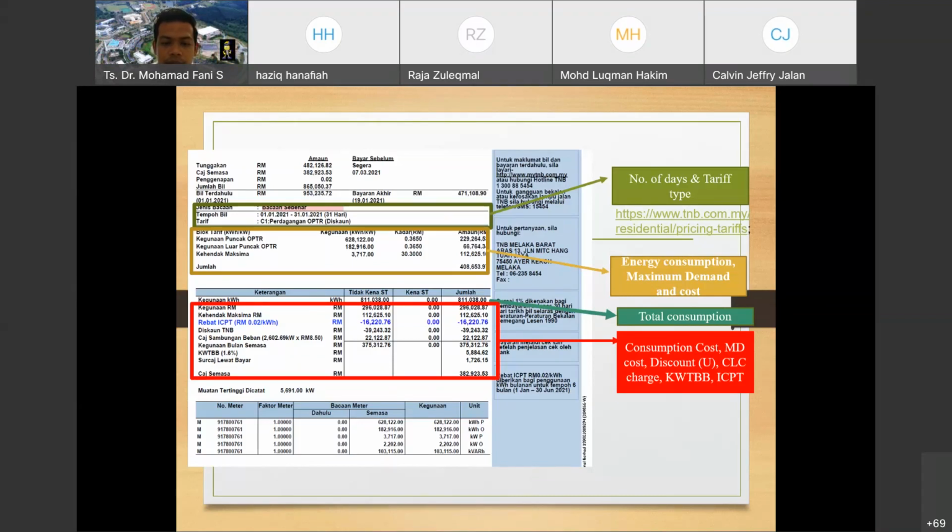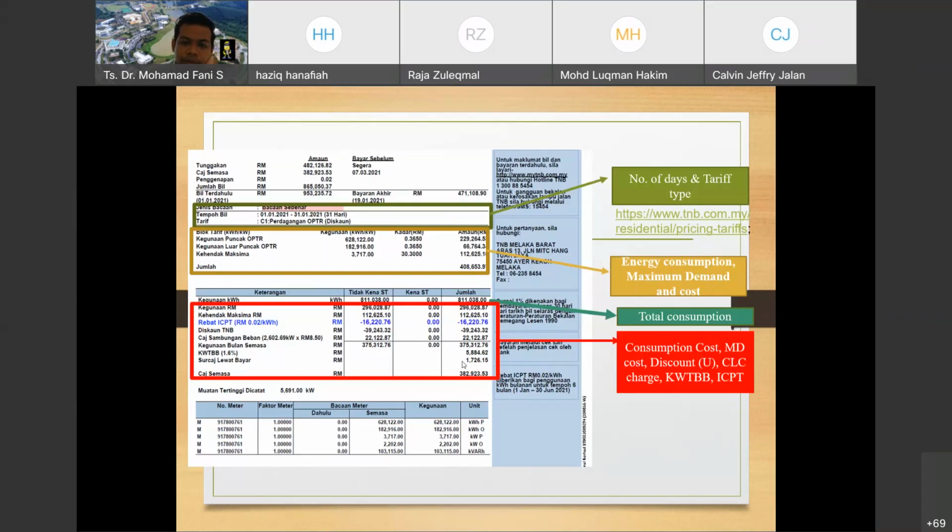About 22 to 30 every month. Then kWh for the RV1, 1.6, and a surcharge. There is also a late payment charge here, 1% for late payment.